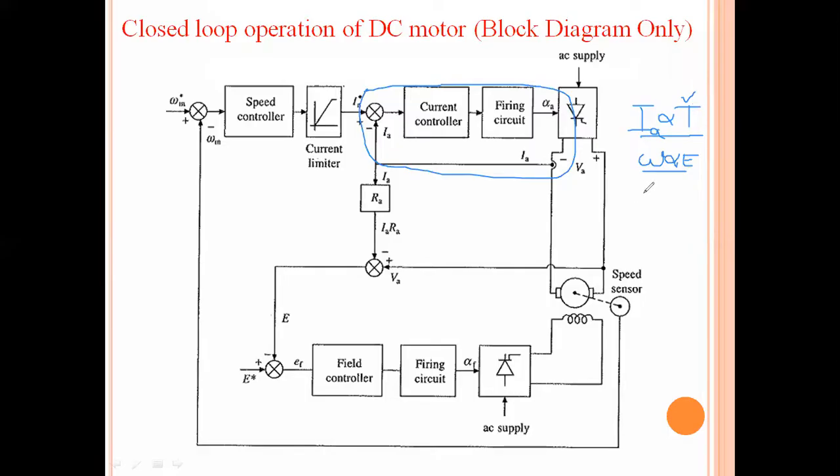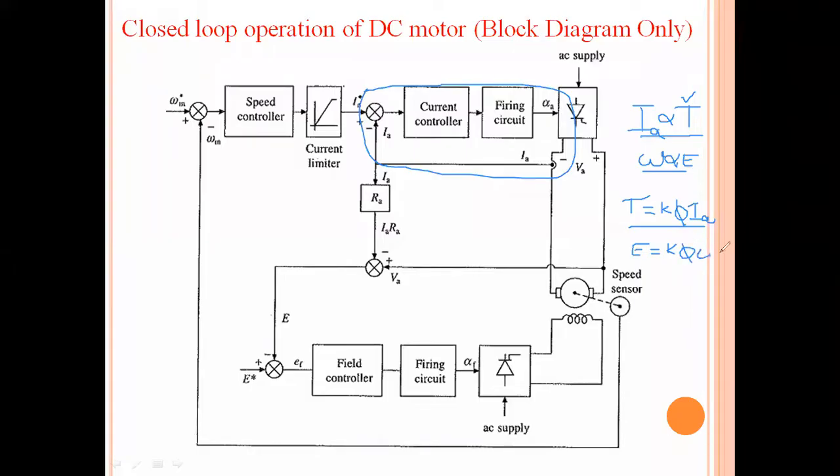We know the equation T is equal to K phi IA. You know this relation. So from this relation, we can say torque is related to the current. Similarly, this voltage and speed relation also, we know that EB is equal to K phi omega.